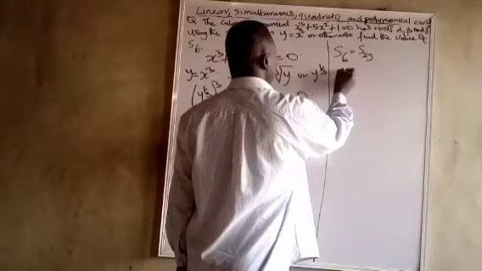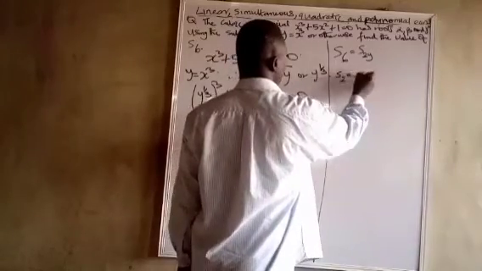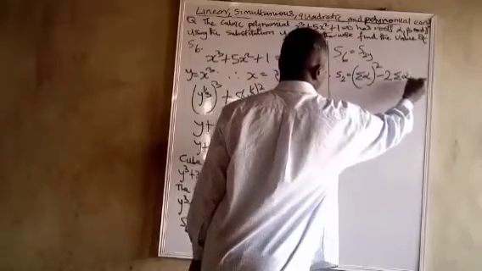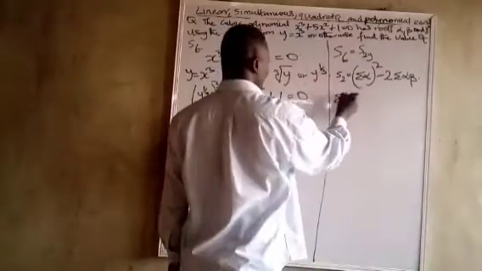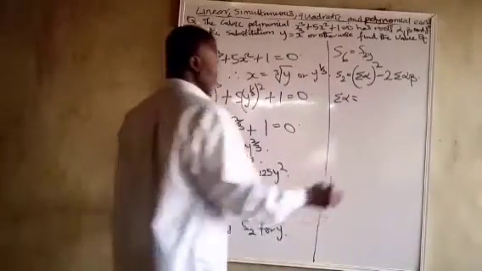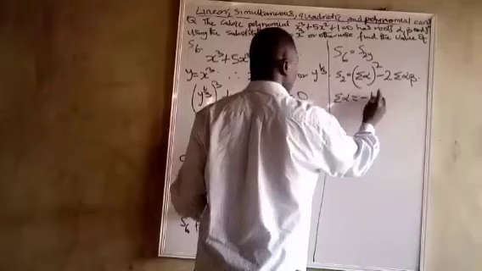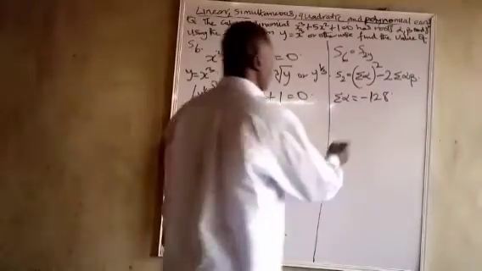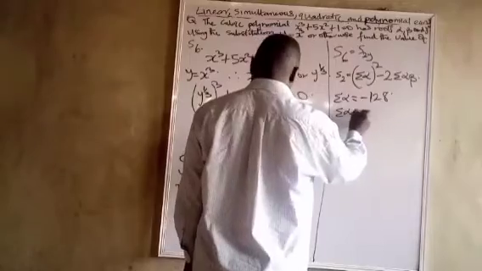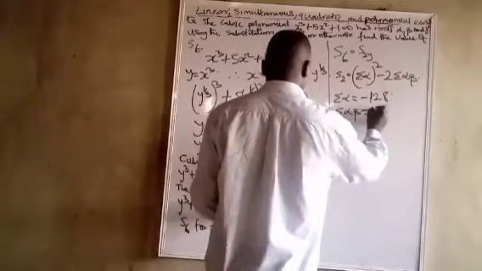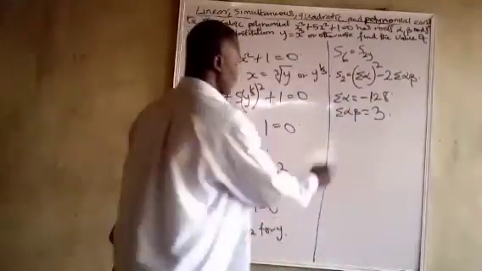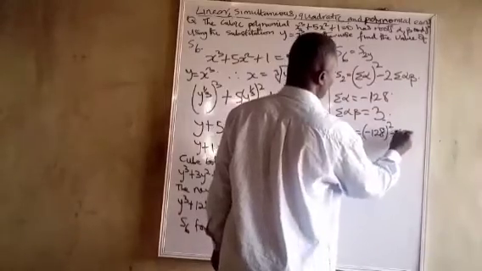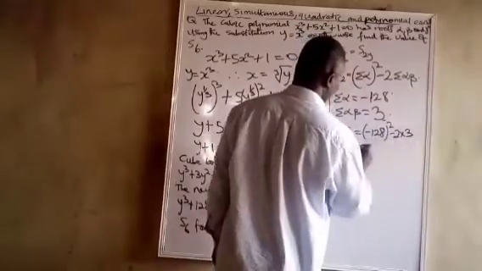So s2 is equal to the summation of alpha, all squared, minus 2 times the summation of alpha beta. What is the summation of alpha? That is minus 128. What is the summation of alpha beta? Alpha beta is equal to 3. Therefore, it equals minus 128 all squared minus 2 times 3. And what does that give?